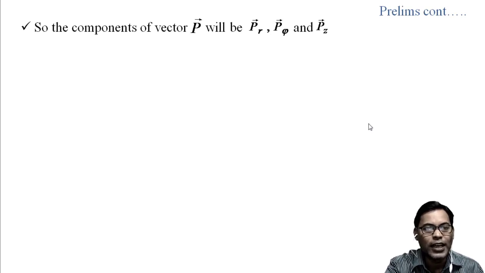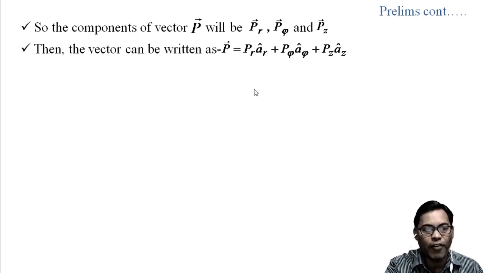So here, for the vector P, that means from the origin to the point P, we are considering the distance vector P, and its components can be written just like in the Cartesian coordinate system, that is P_r, P_phi, and P_z. If these are the three components of vector P, then it will be easier to define the position vector P, which equals P_r a_r plus P_phi a_phi plus P_z a_z.